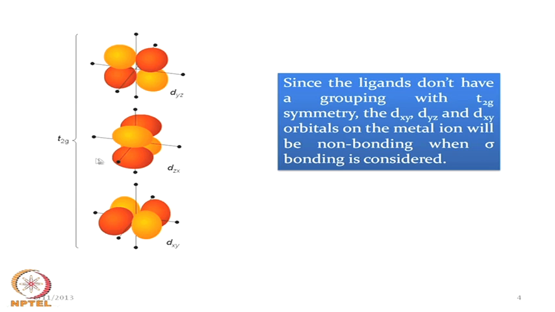We talk so much about the occupancy of the T2g level, but now we see that unfortunately these three orbitals will remain on standby, and since we do not have matching orbitals, we do not have any kind of sigma interaction with these orbitals.